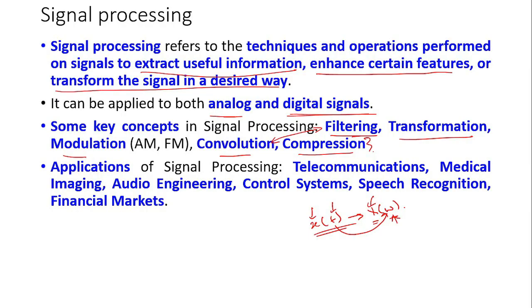Now, if I compress a signal in such a way that when I try to retrieve the information, it is not losing any of the information content I wanted to propagate, then I will say that it is a good quality compression.